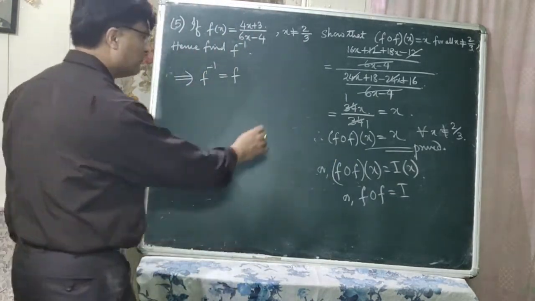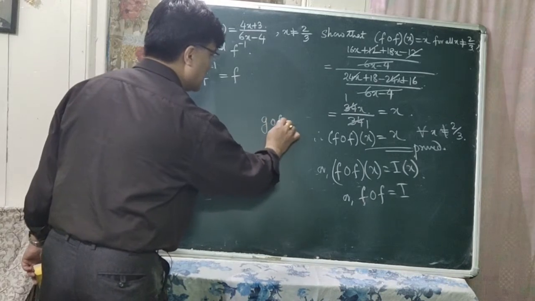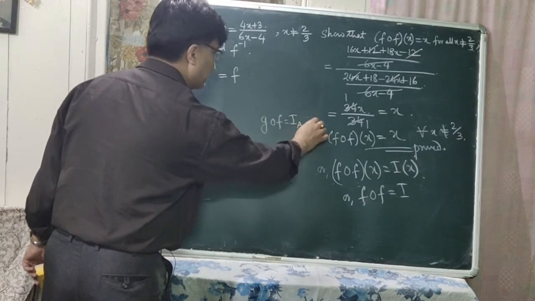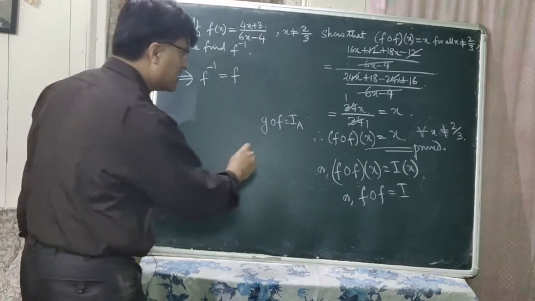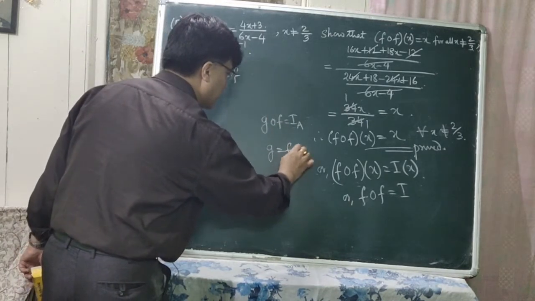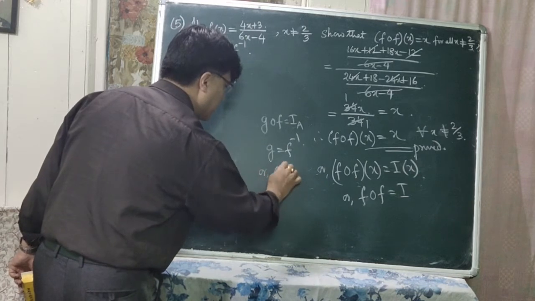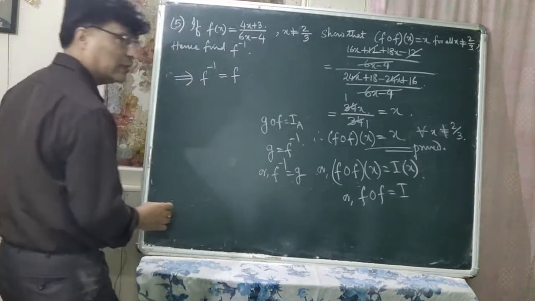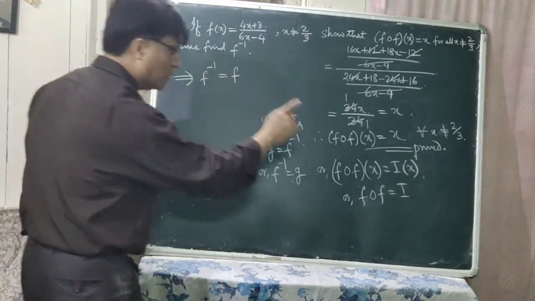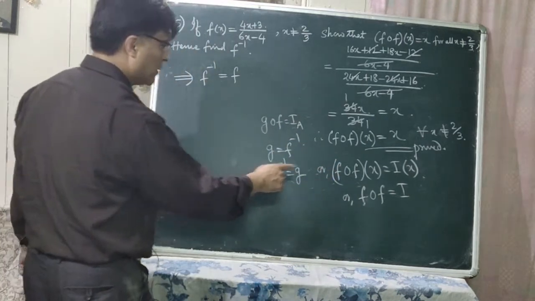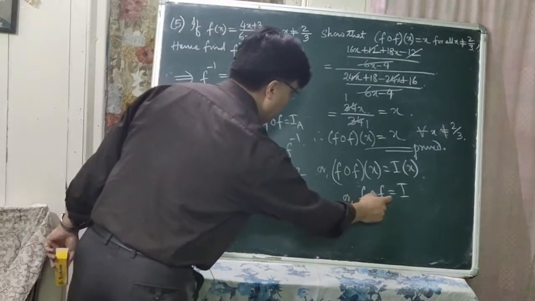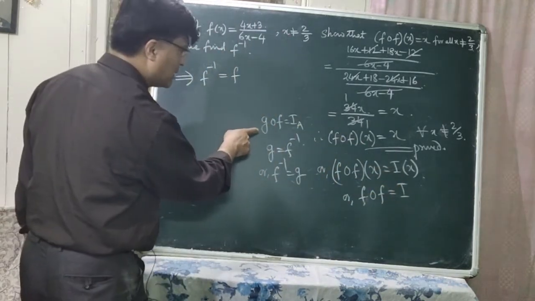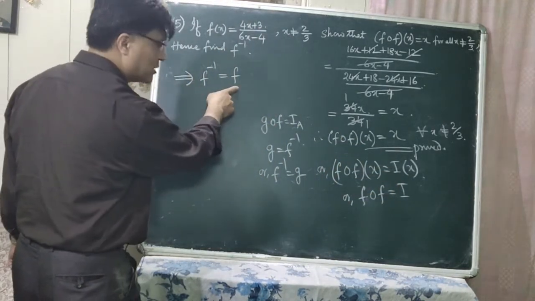Just like you know that gof is equal to I_A. If gof is equal to I_A, then you can write g is equal to f inverse. Similarly here also, fof is equal to I. If fof is equal to I, then you can write that f inverse is equal to f.